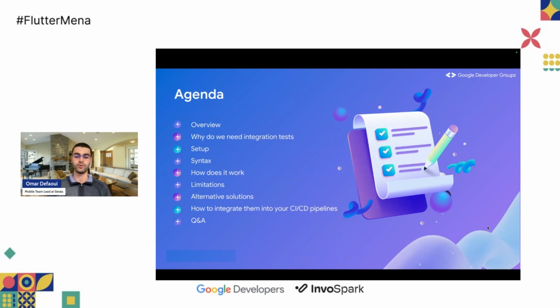And then if you have a deployment CI/CD pipeline, we will talk briefly about how we can trigger the integration test directly from the CI/CD pipeline to automate the entire flow from the development till the deployment to the stores, either the App Store or the Play Store. And of course, the last point will be a Q&A session.